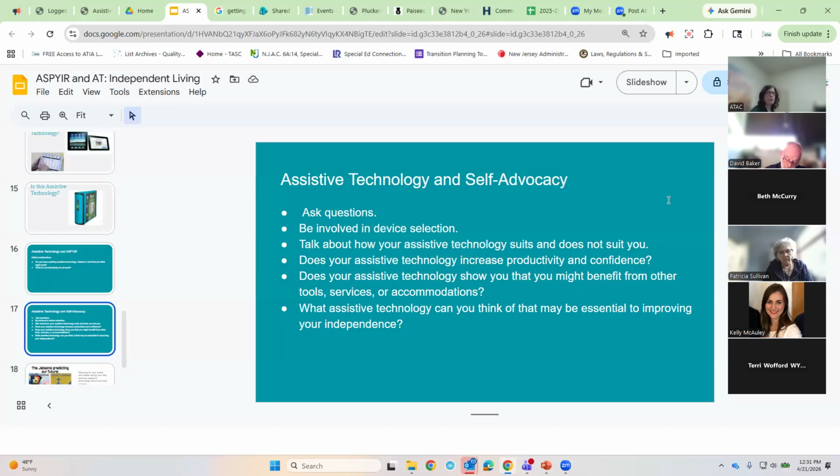Maybe your experience understanding whether or not you are being productive with the assistive technology shows you that it's going to lead to other types of assistive technology, tools, services, or assistive technology accommodations.